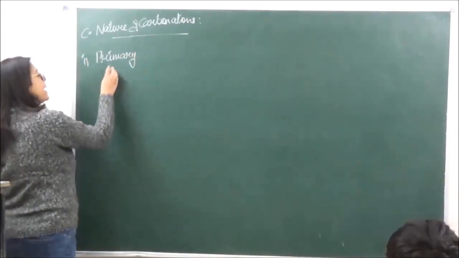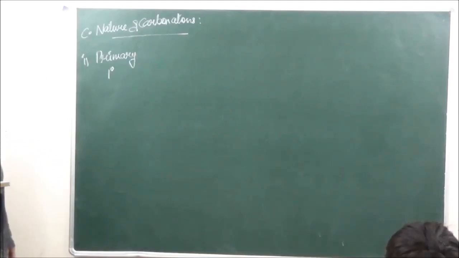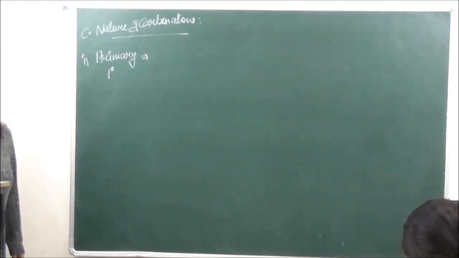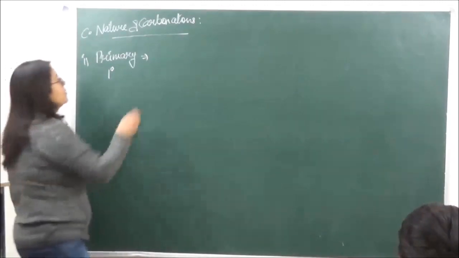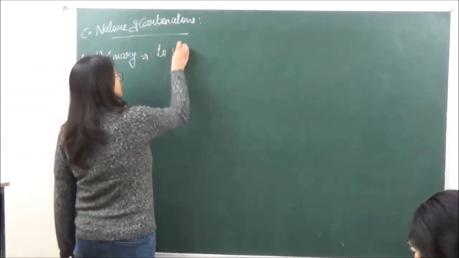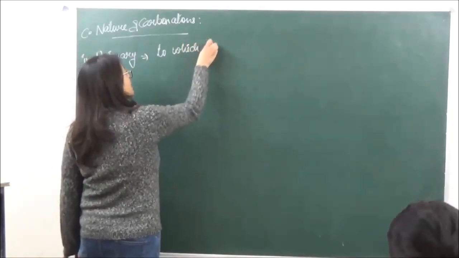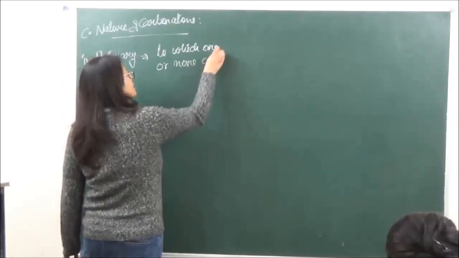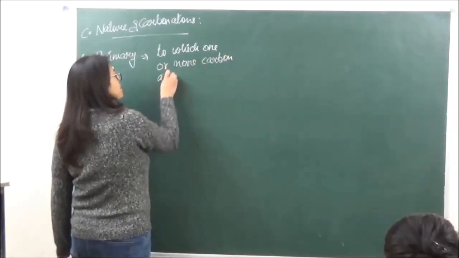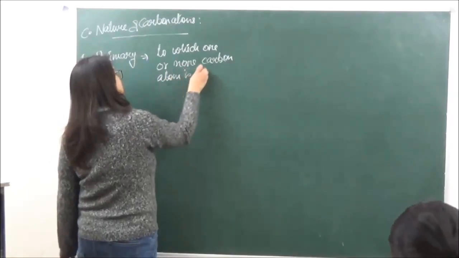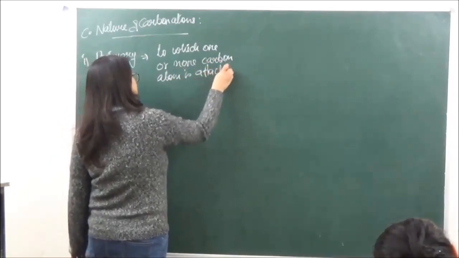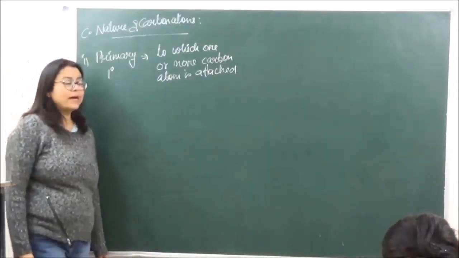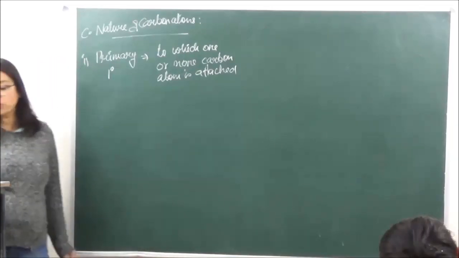Okay. The first one which we are going to do is primary haloalkanes, and they are also known as 1-degree haloalkanes. Now this primary carbon atom or 1-degree carbon atom is that carbon atom to which one or none carbon atom is attached. ठीक है, so that carbon atom to which either one or none carbon atom is attached, that is going to be primary.